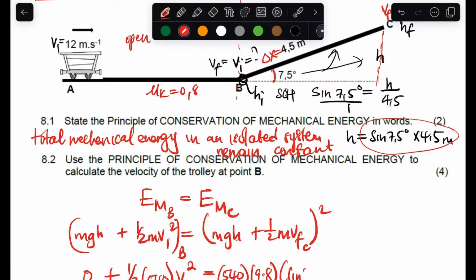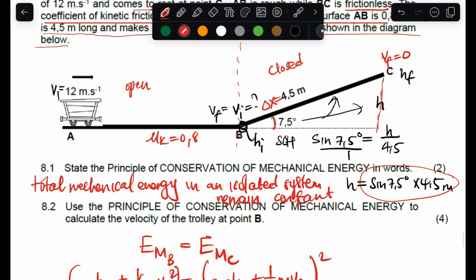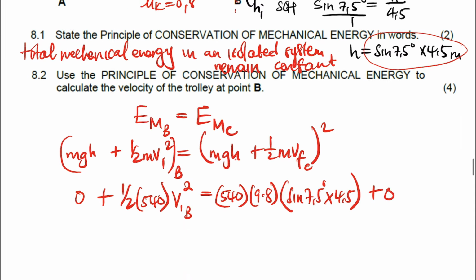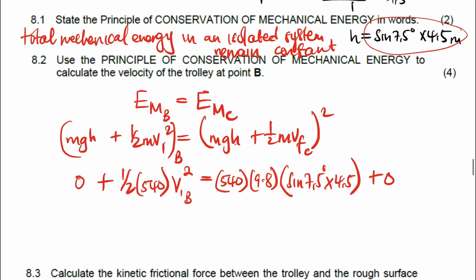So it's going to be sine 7.5 degrees times 4.5, plus the velocity at point C, which is going to be 0. That means the kinetic energy there is 0, because the velocity is 0. So we'll just put 0 there, right?